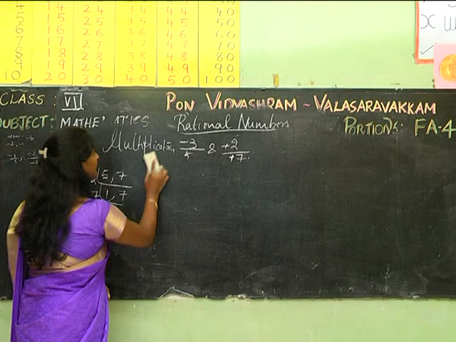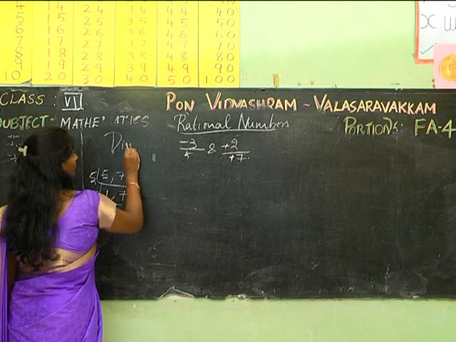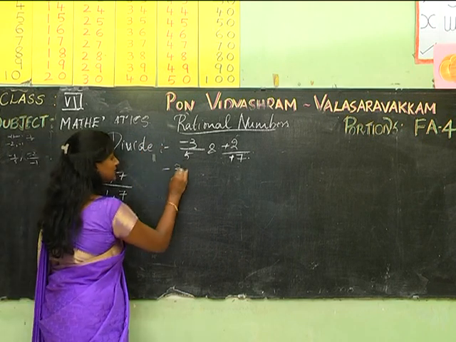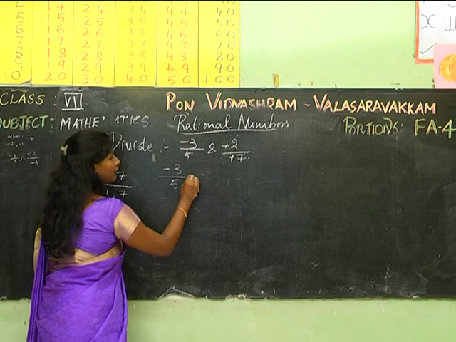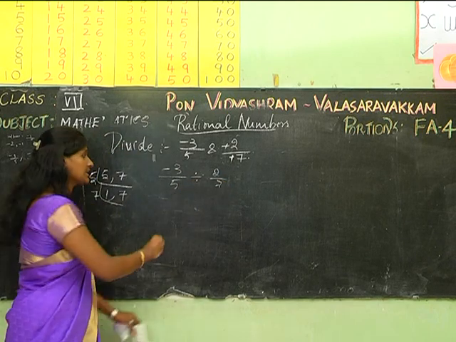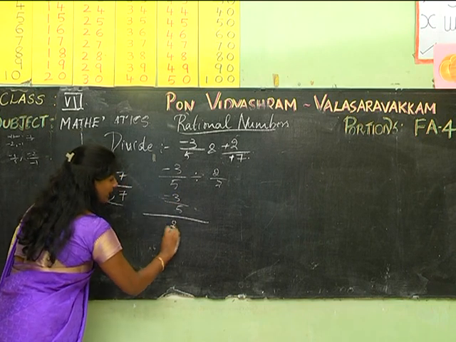In a similar way, we can divide these two rational numbers. So, division is nothing but minus 3 by 5 divided by 2 by 7. I can express this as minus 3 by 5 divided by 2 by 7.